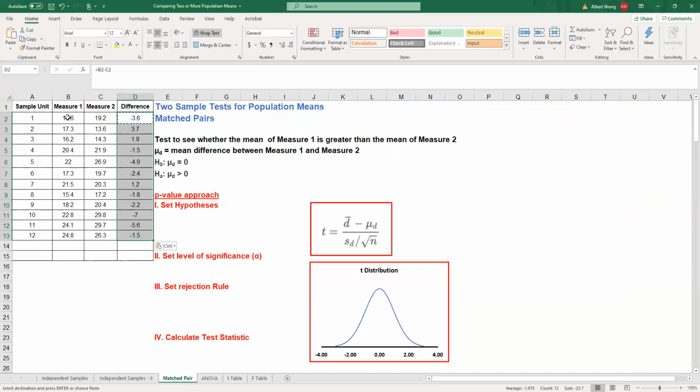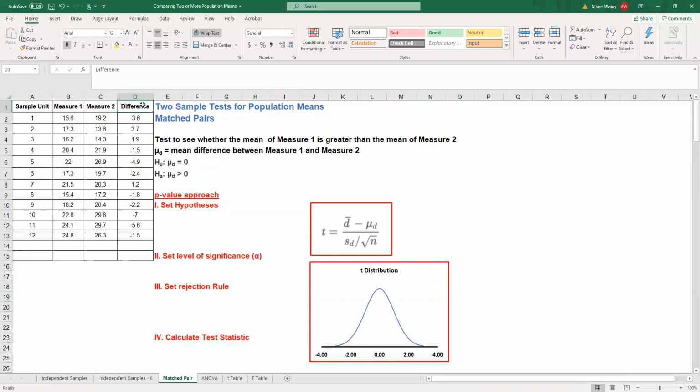If you want to see whether measure one is on average bigger than the average of measure two, you are actually saying that the difference, because the difference is measure one minus measure two, means the average difference is bigger. And if you're trying to test whether the mean of measurement one is less than the mean of measurement two, then you're actually saying that the difference is less than zero on average.